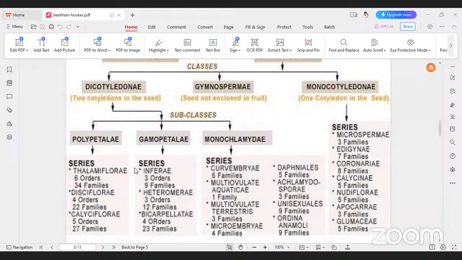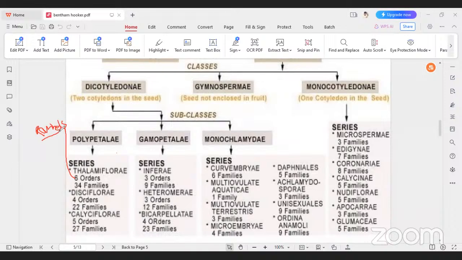The first order, Ranales. Second, Parietales.